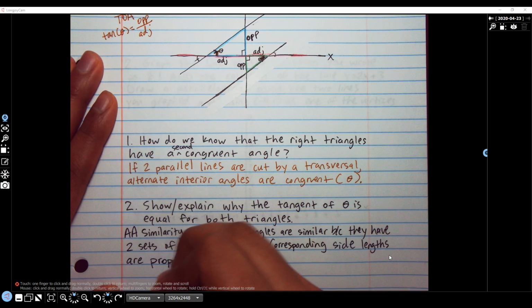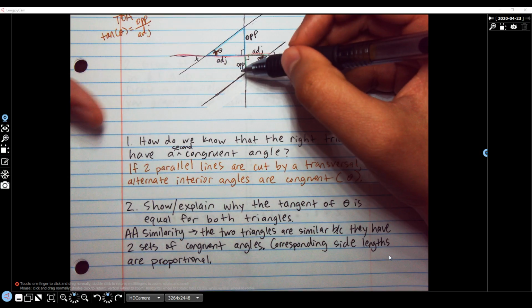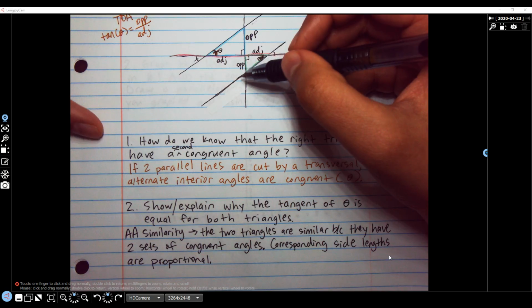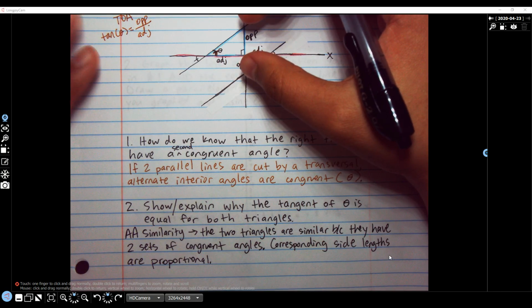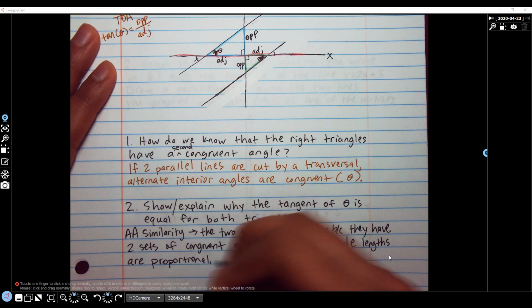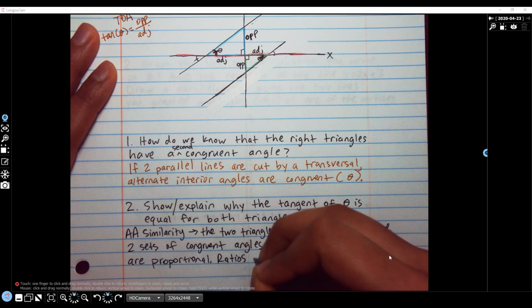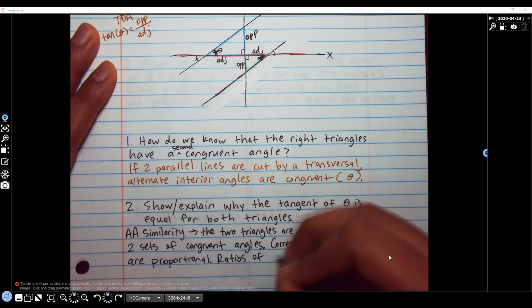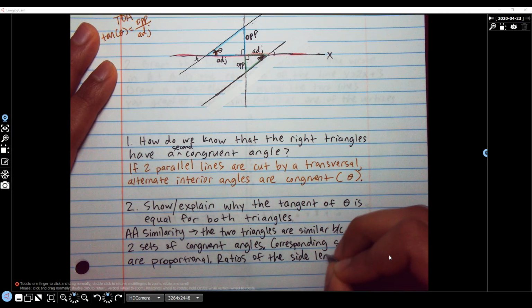So because they are similar, the corresponding sides, they're going to have that scale factor. That is how we know that they are proportional and how they're related to each other. So because the corresponding sides are proportional, we then know that the ratios of the side lengths will be the same.